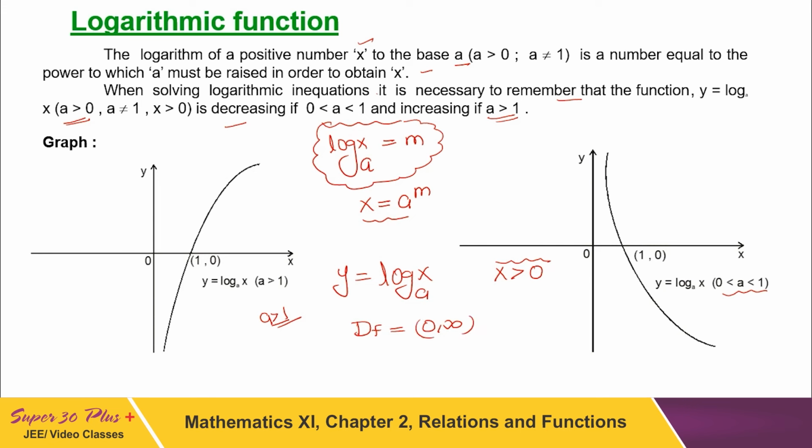By observing the graph, you can see that the value of the function lies between minus infinity to infinity in both cases, meaning the range of log x lies between minus infinity to infinity. This is the basic important definition of the logarithmic function: their domain is the positive real numbers and their range is the real numbers from minus infinity to infinity.